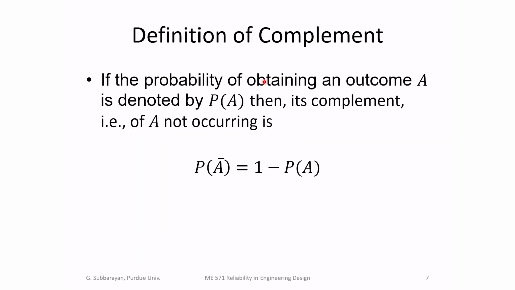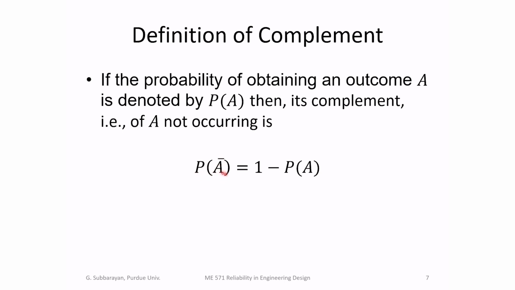Similarly, we are going to define what's called a complement. If I have an event A and the probability of event A occurring is P of A, its complement, that is A not occurring, is denoted as A bar or A complement.